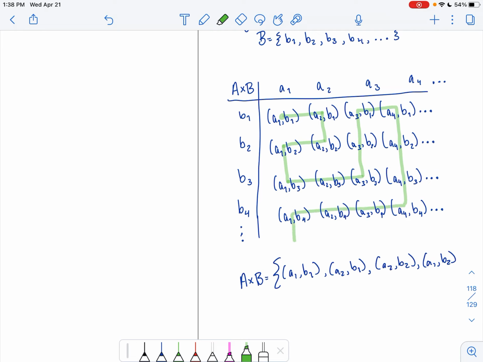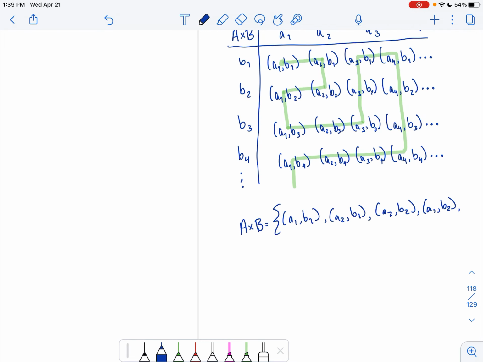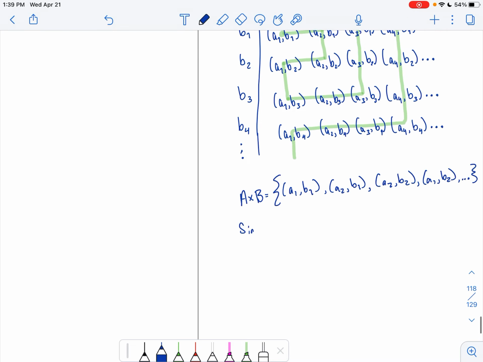And hopefully you can see that if we kept following this pattern, we are going to list all the elements in this product in order without ever skipping or running into an infinity problem. So we can then say, since the elements of A times B can be listed in an organized consecutive way, A times B is countable. And this again is going to be a really helpful idea.